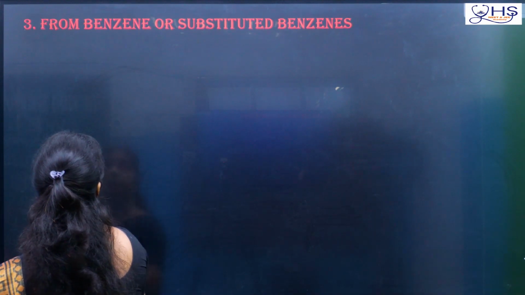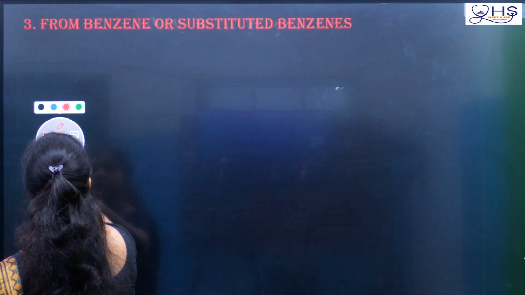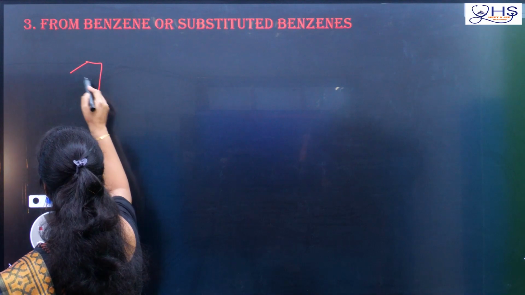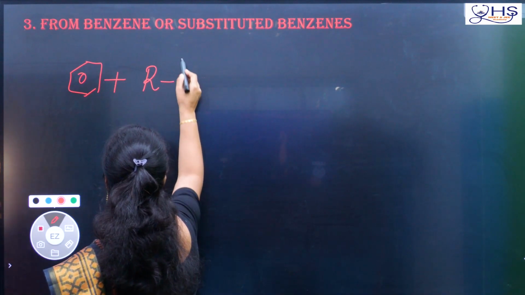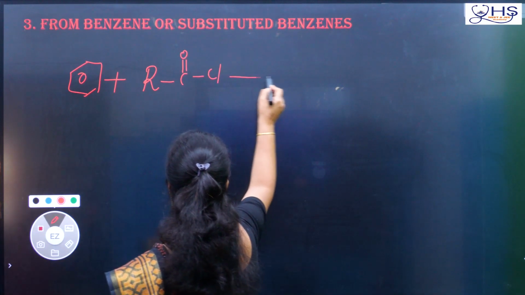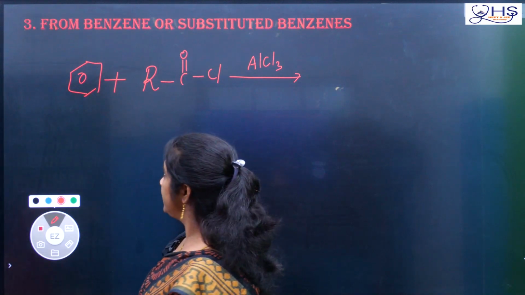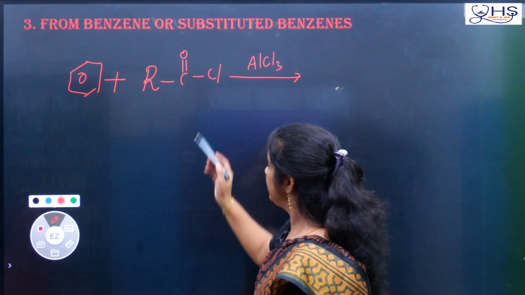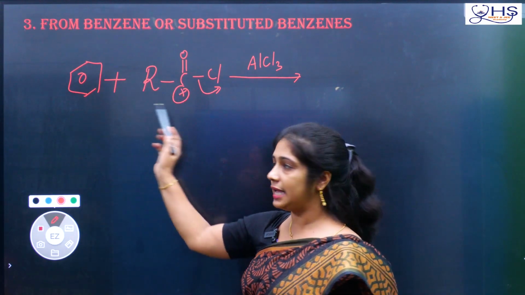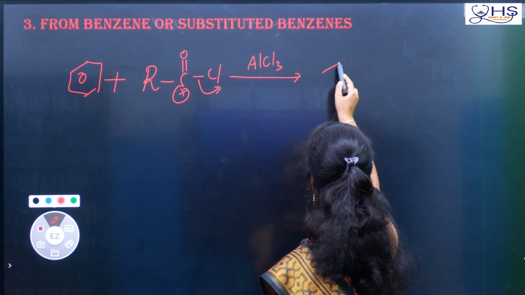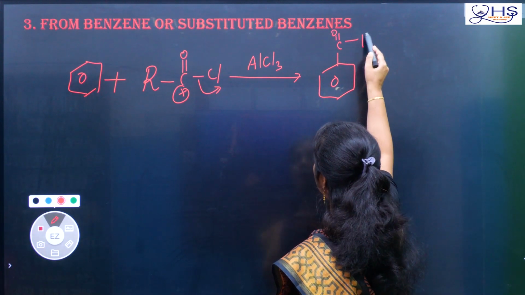So from a benzene ring or substituted benzene, I am taking the benzene ring and treating it with acid chloride or acyl chloride in the presence of AlCl3 as a catalyst. What will happen? This Cl will go here. This is an electrophile. The H plus from the benzene ring will be replaced with this electrophile. So then what will we get? It will be C double bond O R. So what is this?